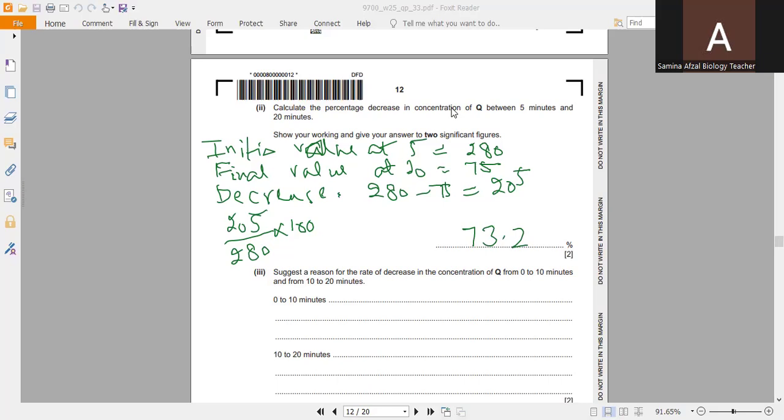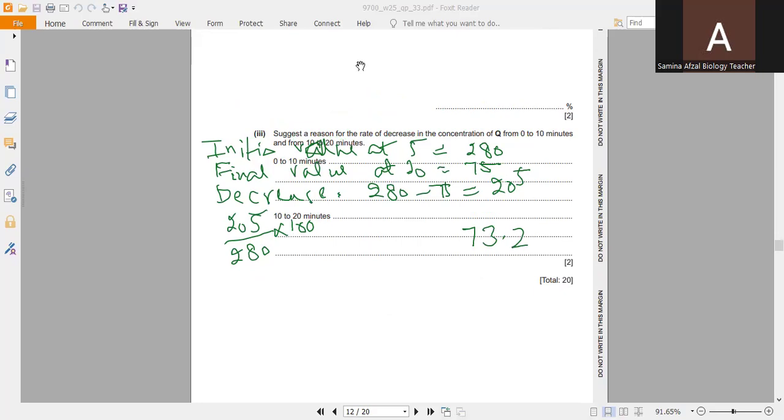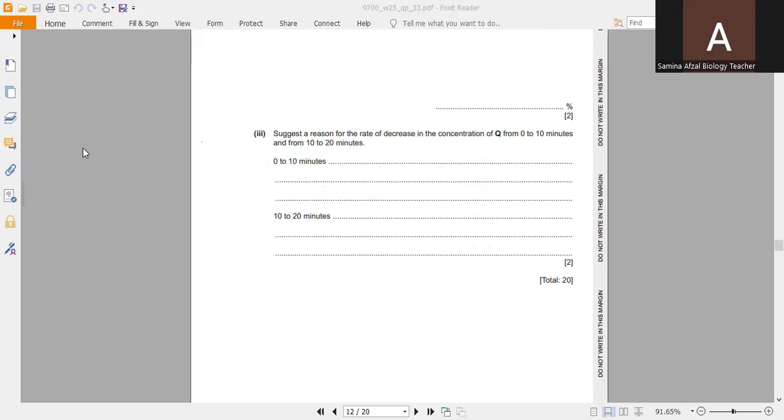Now suggest a reason for the rate of decrease in the concentration of Q from 0 to 10, and then from 10 to 20 minutes. First of all, from 0 to 10, the rate of decrease is very high.